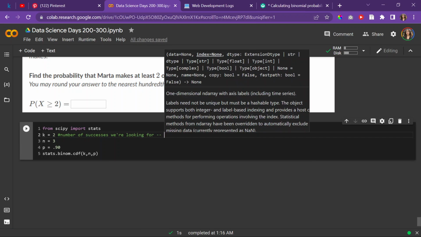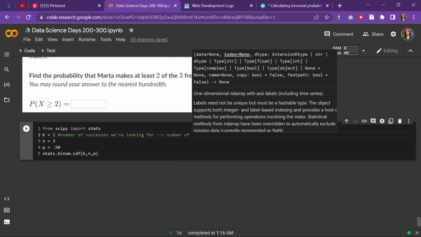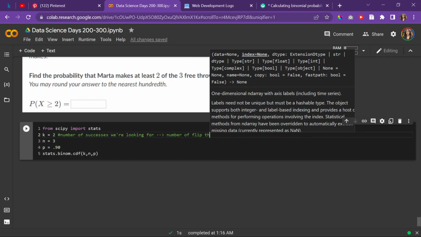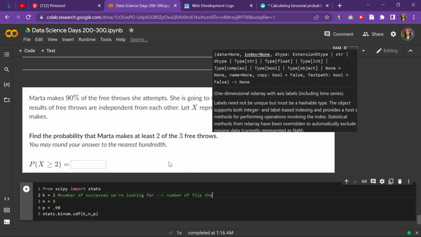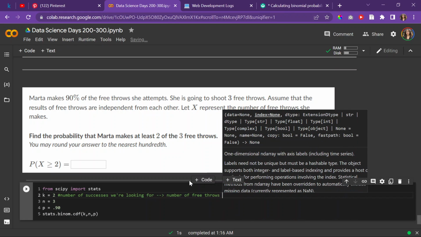If you're wondering why I always repeat so much, it's because that's how I learn, by reinforcing ideas. So the number of successes that we're looking for would be k. In this case, it's the number of free throws Marta makes.